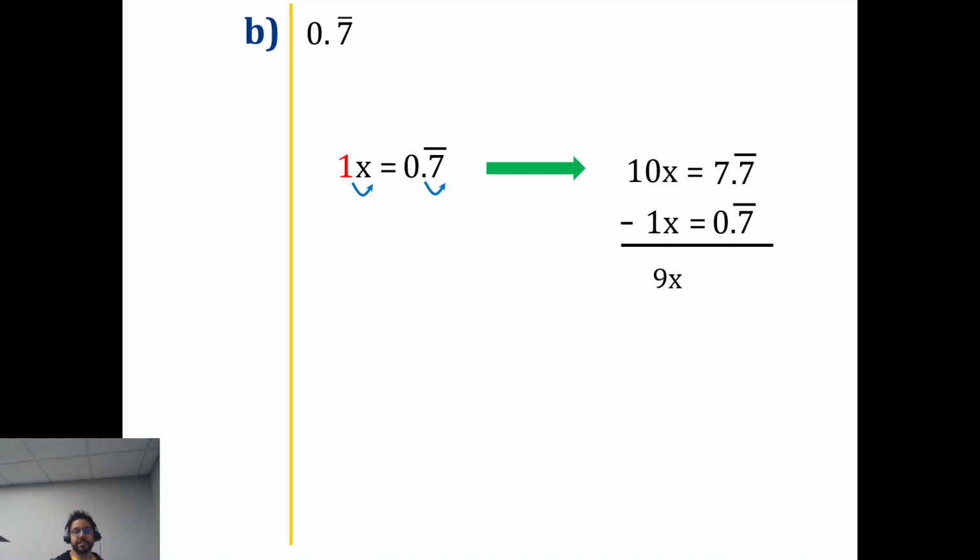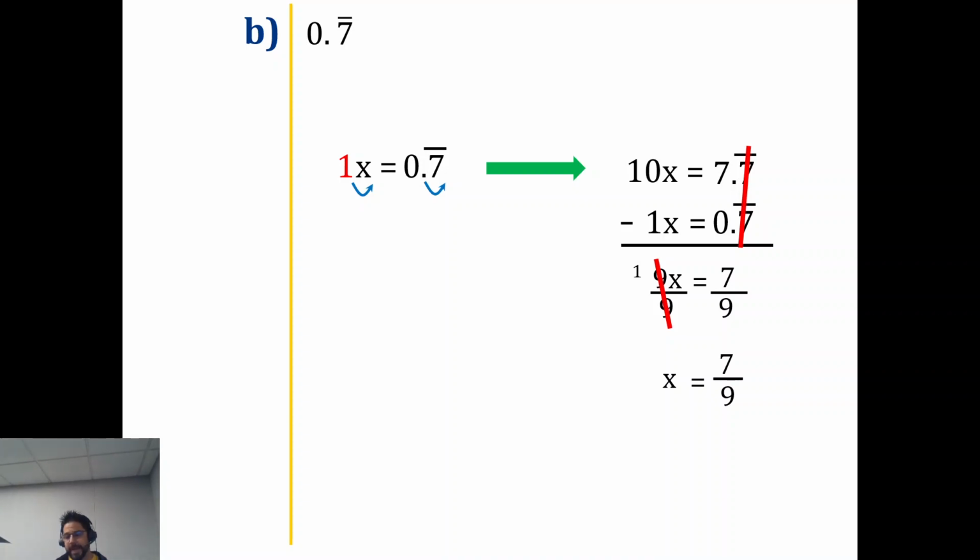The repeating decimal part will eliminate. So 9x is 7. So if I divide, x is going to be 7/9. That is my fraction form of my nice repeating decimal.